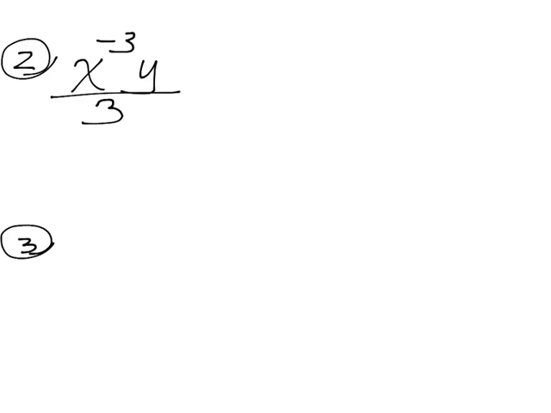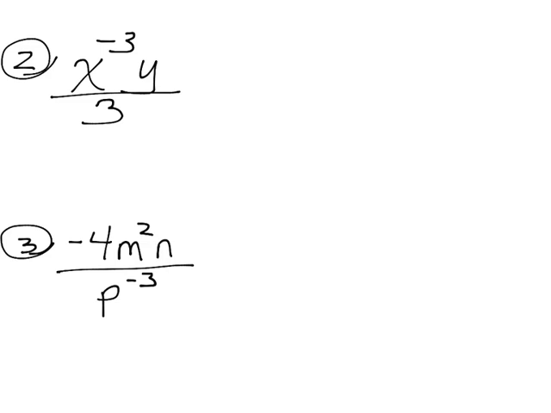I really don't know why I'm calling them 2 and 3, but we're going with that. All right, so number 3, let's make it negative 4 m squared n over p to the negative 3. Pause, attempt it, come back and check your work.